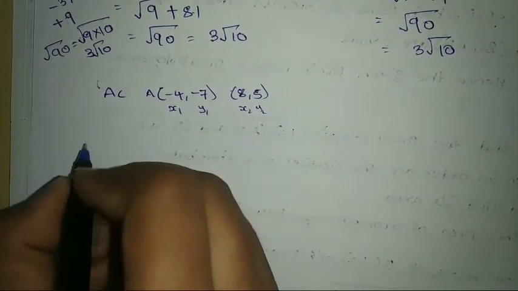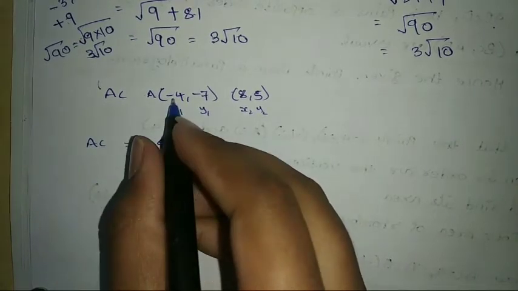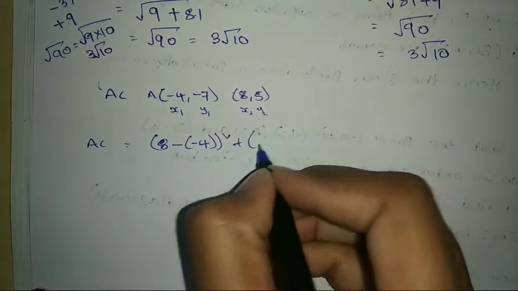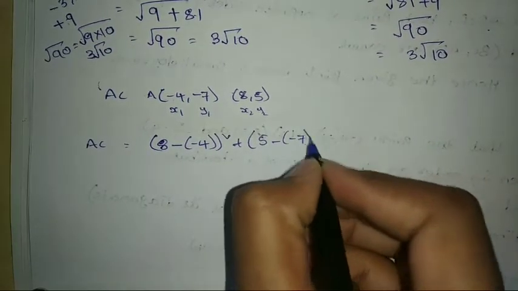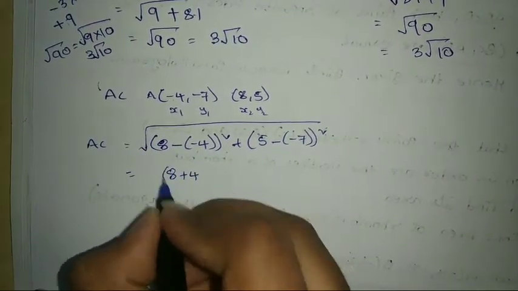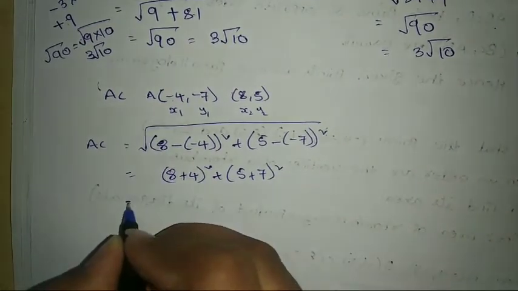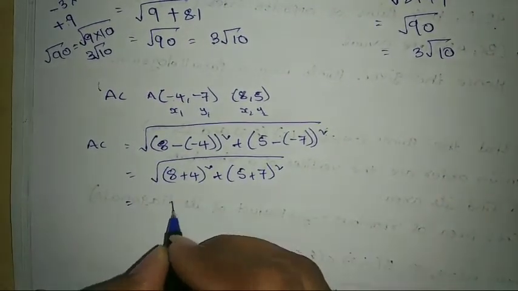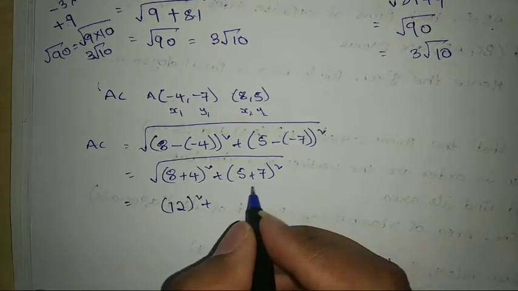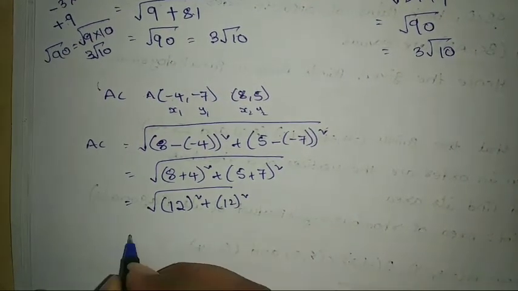So substitute in distance formula. 8 minus of minus 4 whole square plus 5 minus of minus 7 whole square. 8 plus 4 whole square plus 5 plus 7 whole square. 12 square, 12 square. 5 plus 7 is 12.